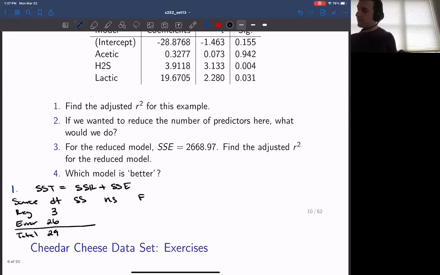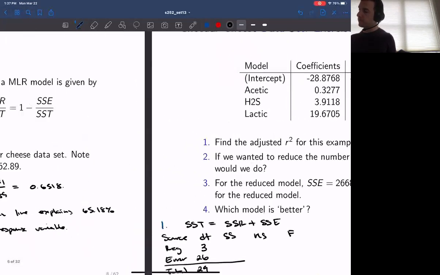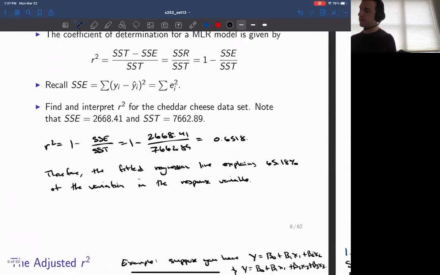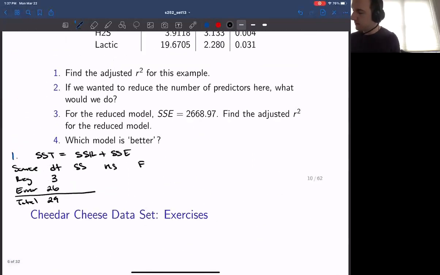Okay, from the previous illustration here, we were given SST, which is 7,662.89. And we were given SSE, which was 2,668.41. So both of those values came from the previous illustration.